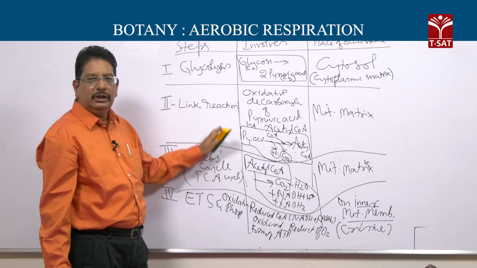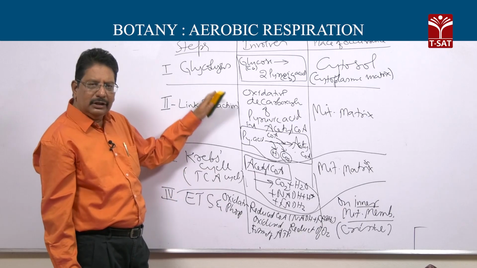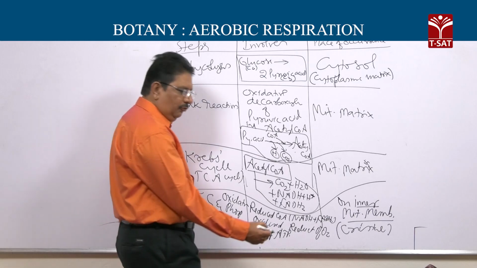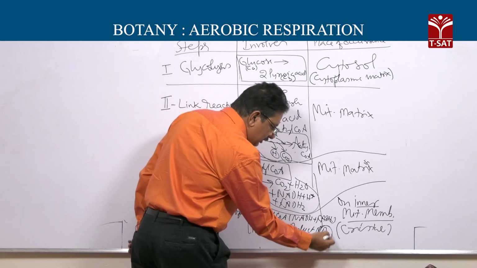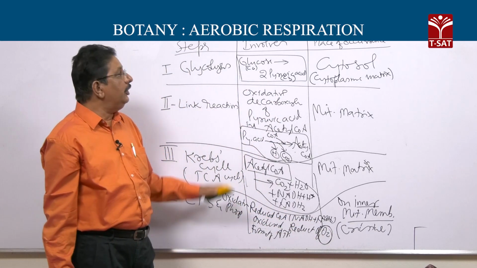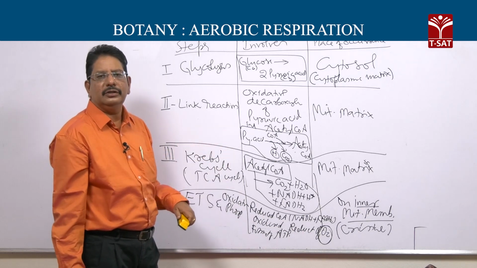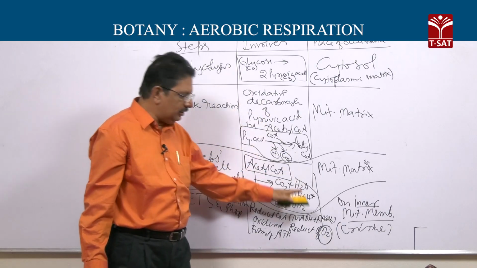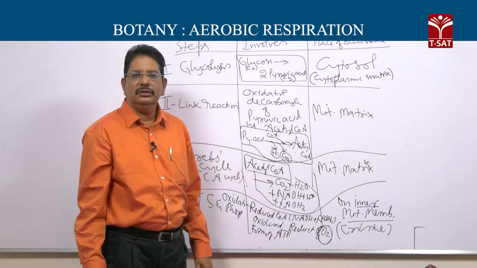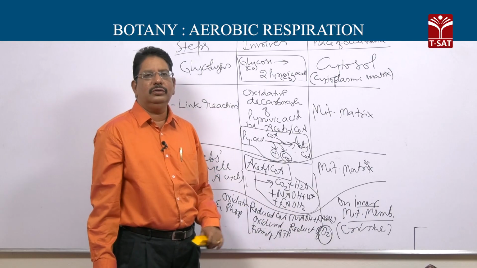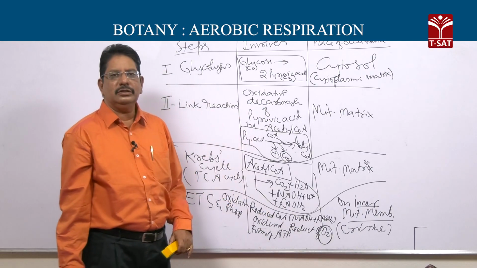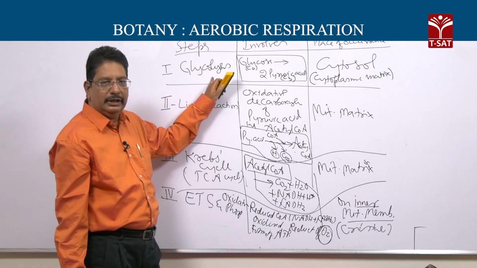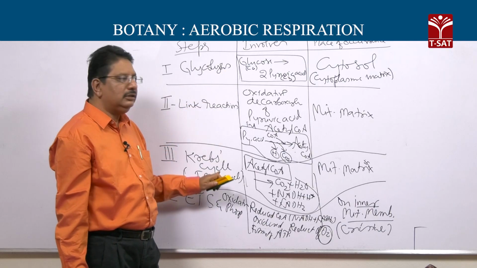So, in all these 4 steps, if you go into details, there is only one step where oxygen is involved. So, basically, what is aerobic respiration? The complete oxidation of glucose in the presence of oxygen, but the role of oxygen during this process occurs only in the last step, not in the first, second or third.